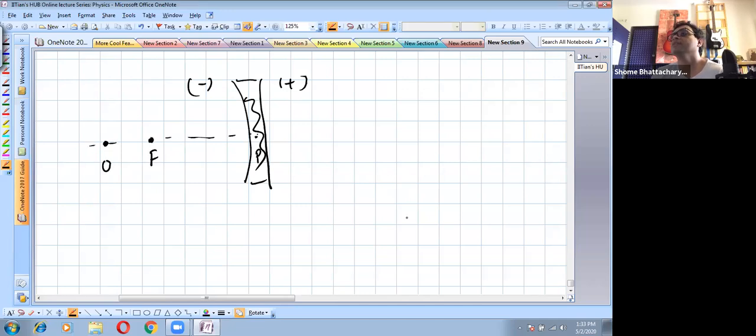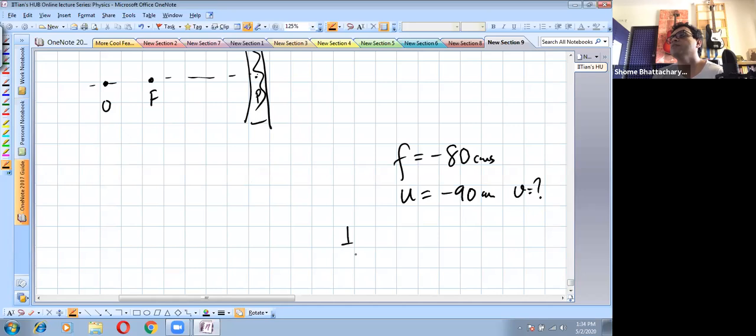So that is why in this case we'll have to take the focal length as minus 80 centimeters. But this is where you have to be careful about how you apply sign convention. Just because it's a diverging lens, don't take it as minus 80 in every case. It really depends on which is the virtual side and which is the real side. U we will take as minus 90 centimeters and V we can find out.